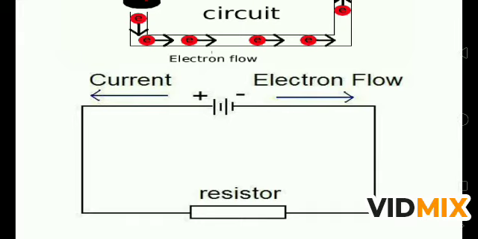So the flow of negative charge is responsible for the current. So in opposite to that electron, the direction of current is taken. So we can say that if electron flow from negative to positive in the circuit, the direction of current, which is called conventional current, is from positive to negative in the circuit.